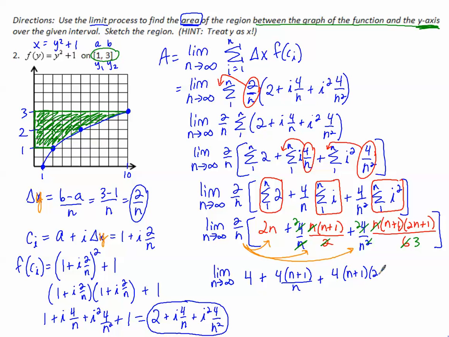Well, let's look at it like this. This 4 times n plus 1 becomes 4n plus 4. This, if we were to FOIL, becomes 2n squared times 4, so that's 8n squared plus more terms. Remember, the other terms are really going to be insignificant because we're only looking at the leading exponent, the degree, the highest exponent.